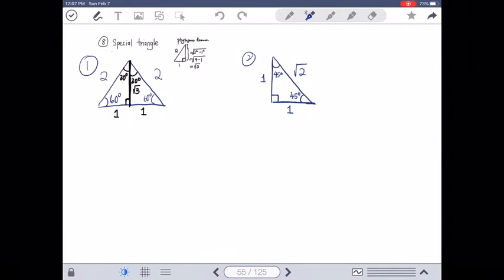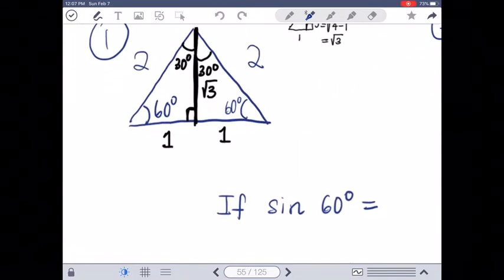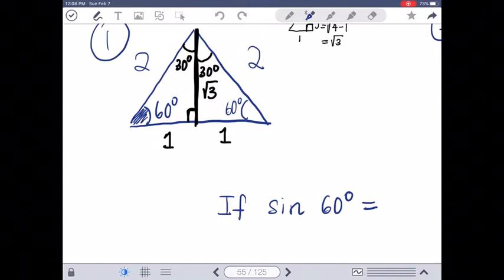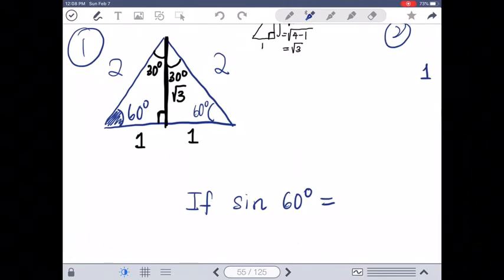So now you have two triangles. If I want to find sine 60 degrees, I can refer straight away to the triangle here. Sine is opposite over hypotenuse.